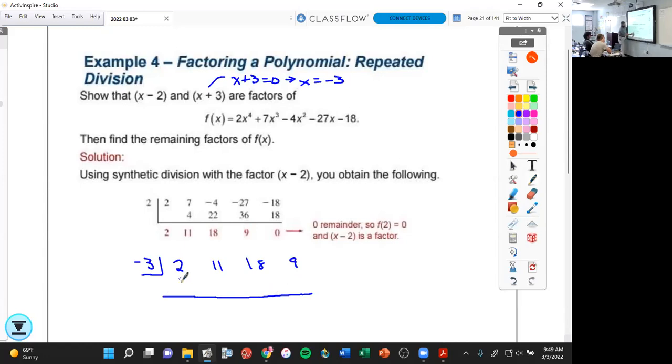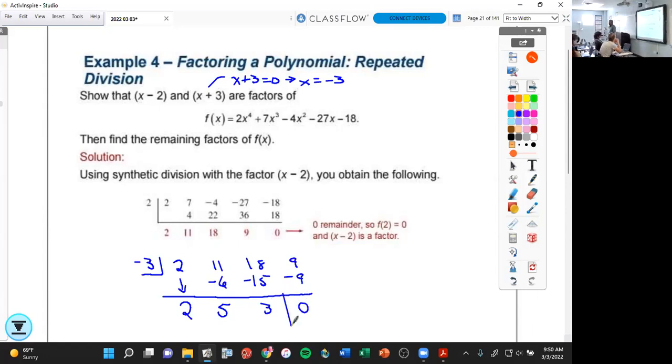Draw my line, bring the 2 down. Combine and multiply. -3 times 2, -6. Combine, times -3. Combine, times -3. Combine. Is it a factor? I verified it. Okay.